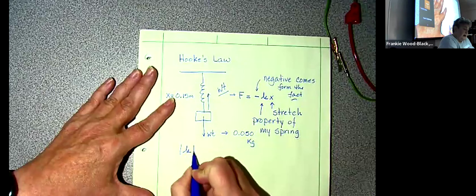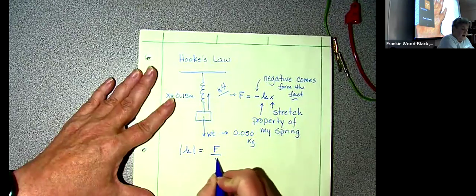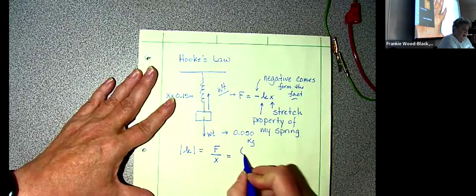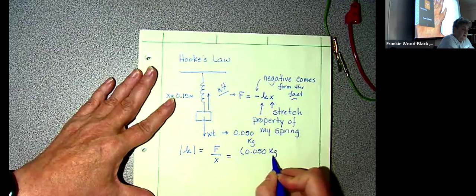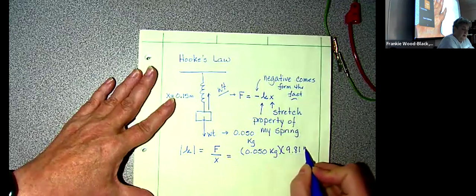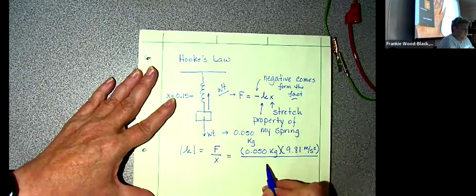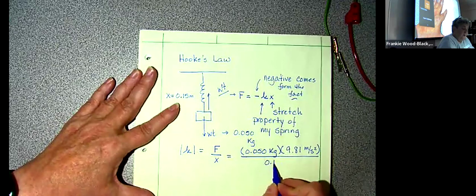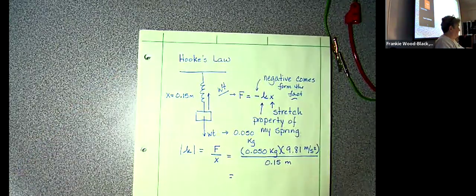The magnitude of the spring constant is just going to be the force divided by the stretch. And we've got our 0.050 kilograms times gravity, 9.81 meters per second squared, divided by our stretch, which is 0.15 meters. And we can determine that.